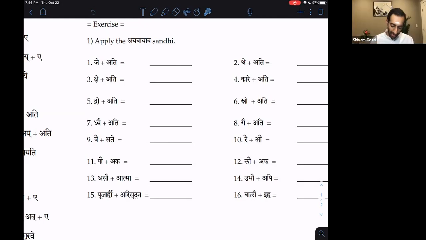Akka is a suffix. We haven't learned this yet. It's when someone is a doer of that action, like a karta. So pu means to purify. When I add akka, it means the purifier. It's like the er suffix.